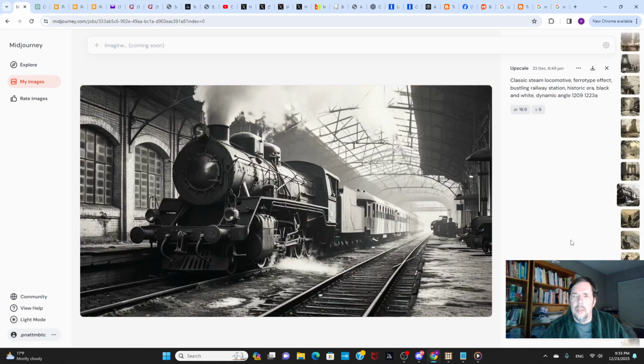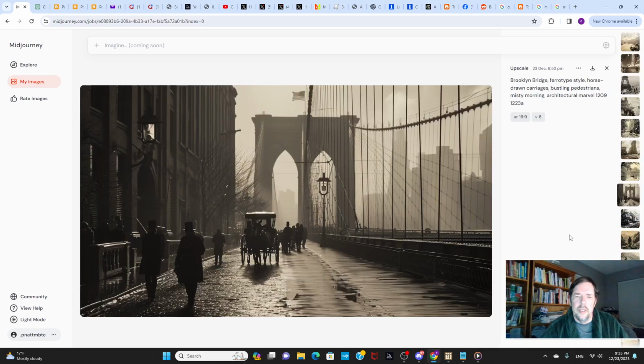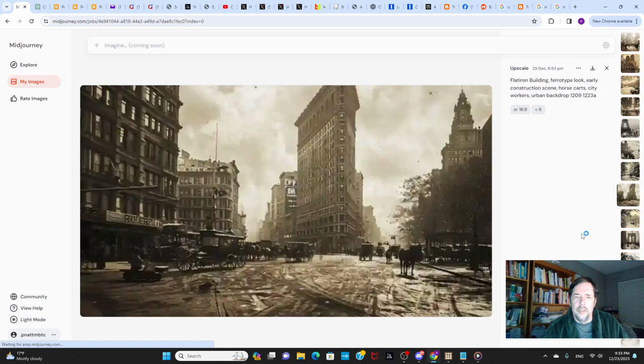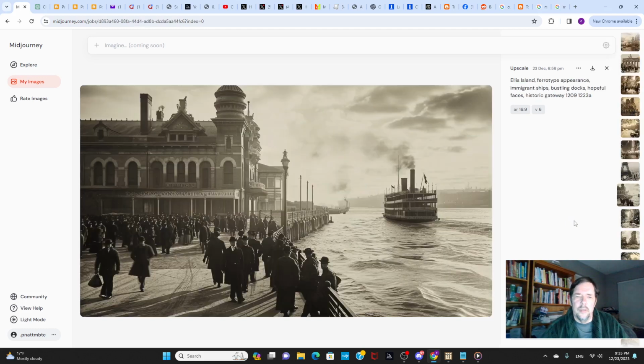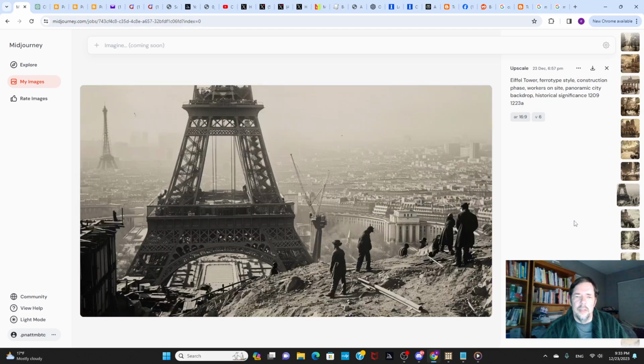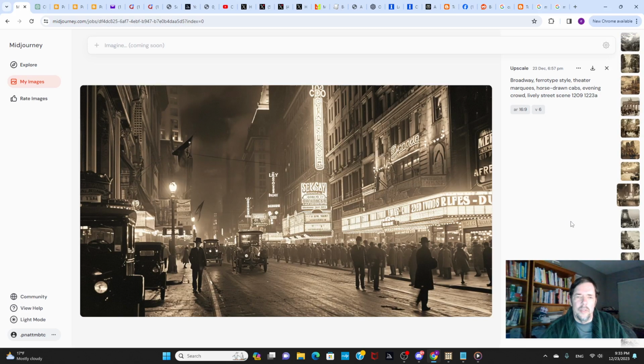And then a train station. And here we get into the New York ones. So Brooklyn Bridge, Central Park, the Flatiron Building, Fifth Avenue, Ellis Island. And here we have the Paris ones, Eiffel Tower. Not sure what this is.